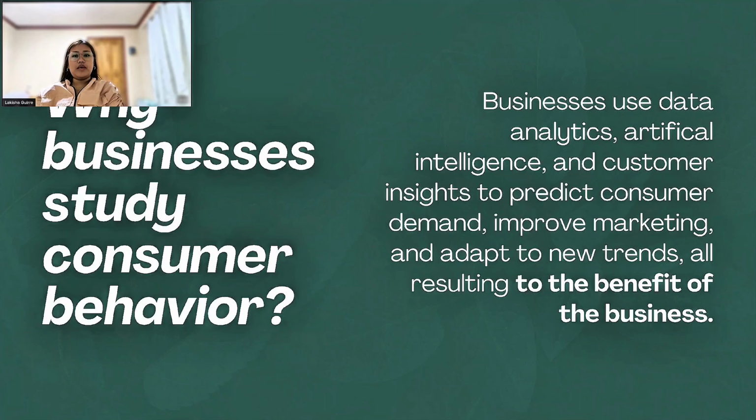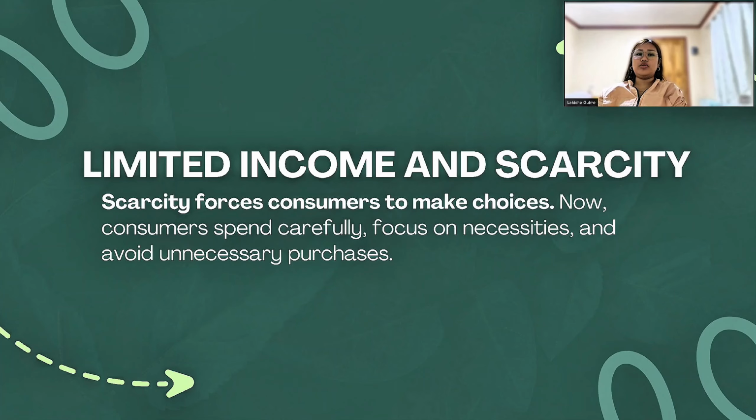Second major concept, budget-conscious consumers. The article states that many consumers became more budget-conscious and focus more on necessities. This is connected to the microeconomic principle of limited income and scarcity. Consumers cannot buy everything they want because resources are limited. Therefore, they must make choices.